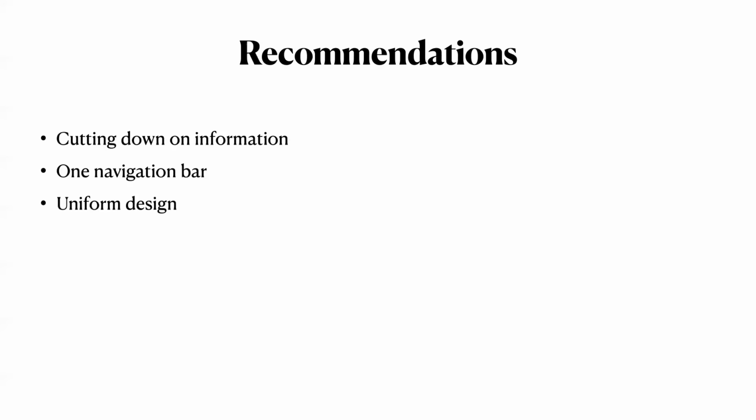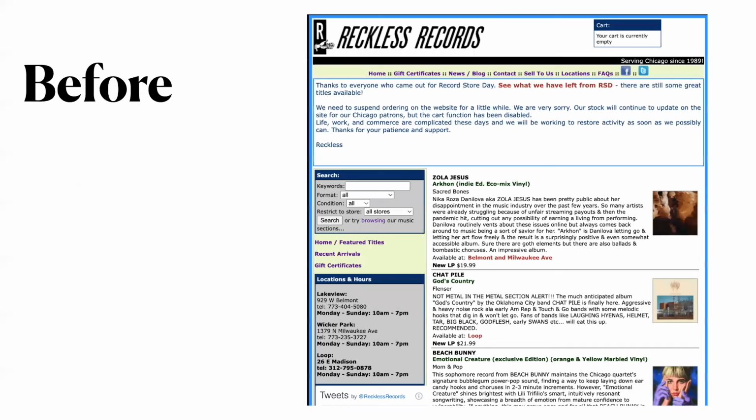Recommendations. I think cutting down on information on the homepage would be a good decision. There are two navigation bars on this page, and I think getting rid of the side nav would save some space and make room for relevant information.